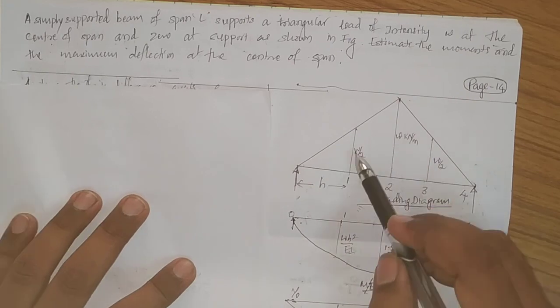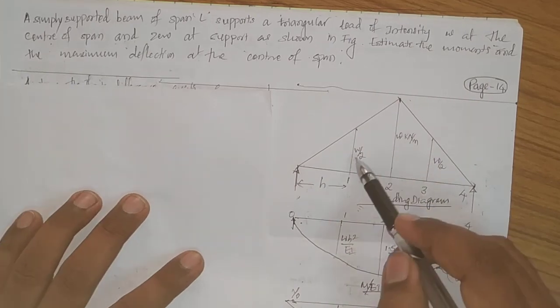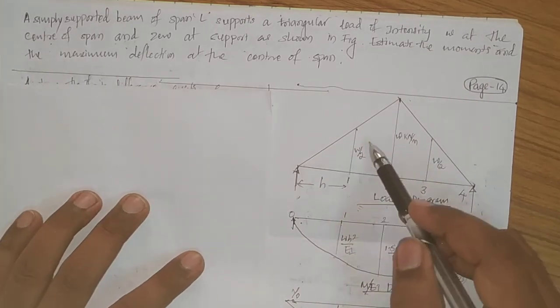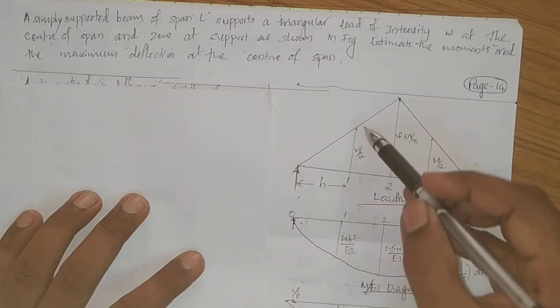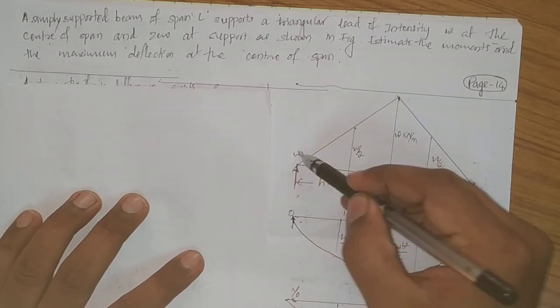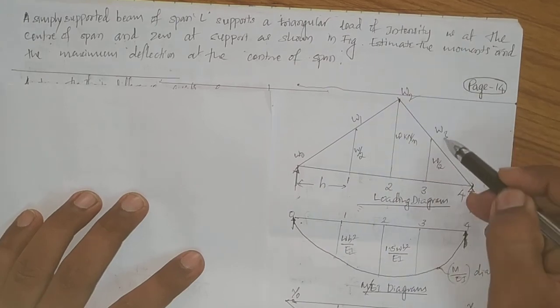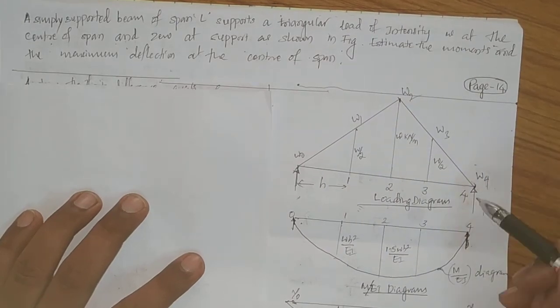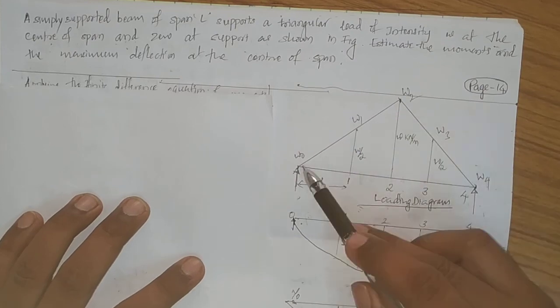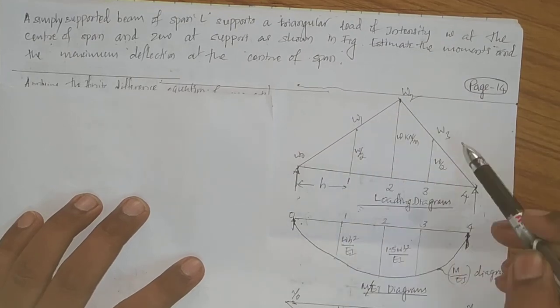So you need to calculate the value of W2 as well, I mean the value over here. So this is W0, W1, W2, W3 and W4. As I've already told you, W0, W1, W2, W3, W4.